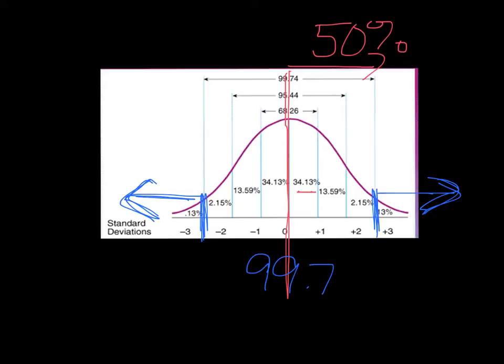Leaving on the outside is 0.3%, meaning 0.15% on each side. So 1/10 of 1% basically is on the outsides of those 2 blue lines, above and below, 3 standard deviations above and below the mean. And that's utilizing the 68, 95, 99.7 rule.